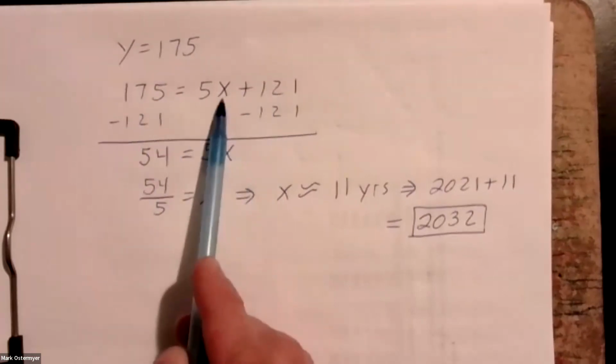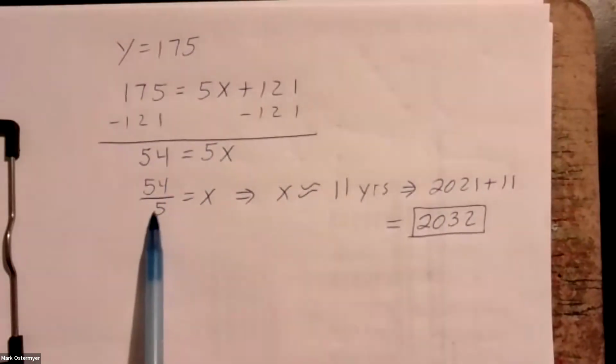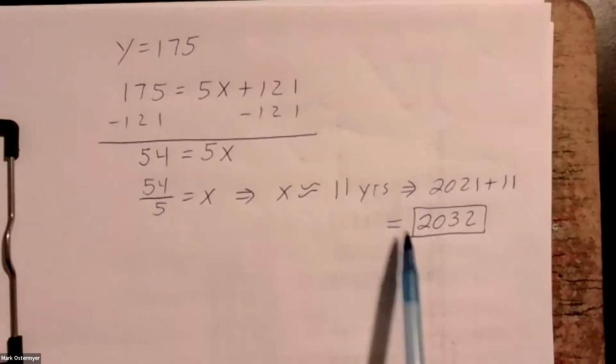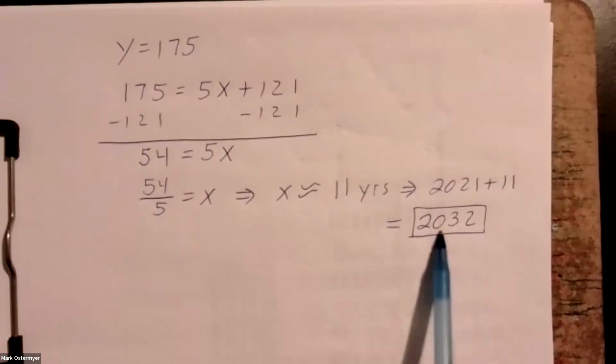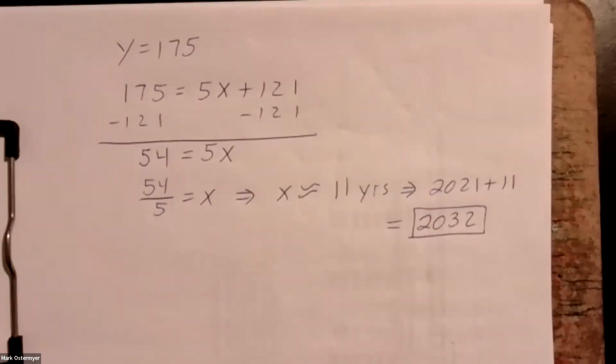Now we have to solve for X. So we subtract 121 from both sides, divide both sides by 5, and we get about 11 years. So about the year 2032, the average daily emails received will be about 175. Anybody get that problem?